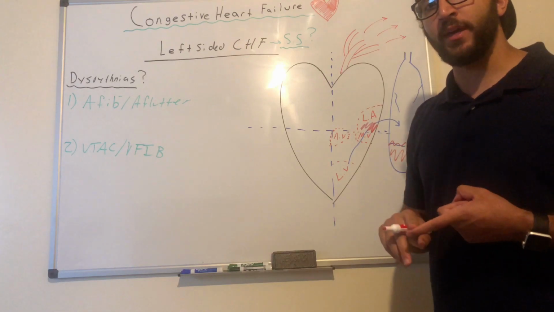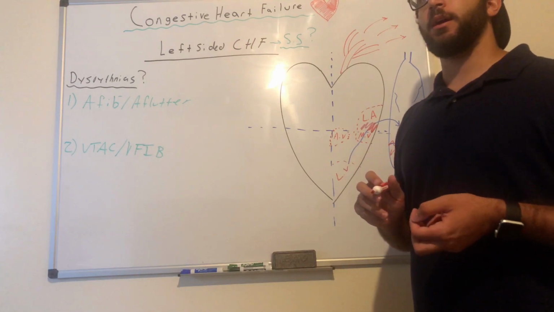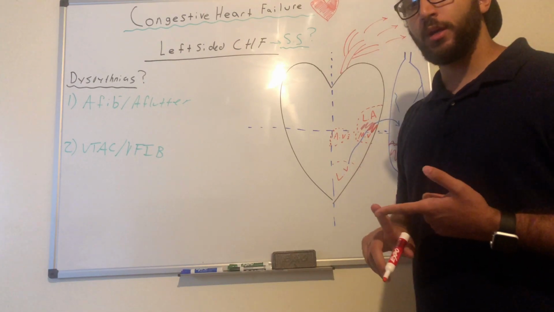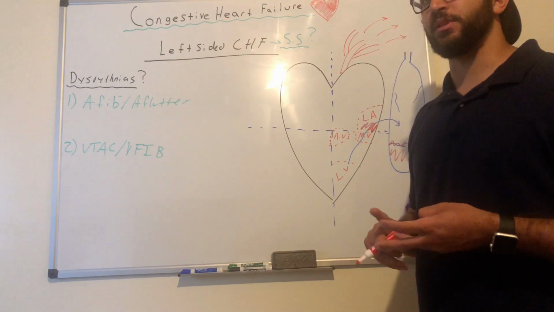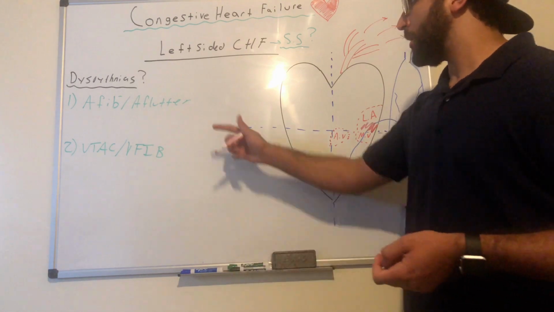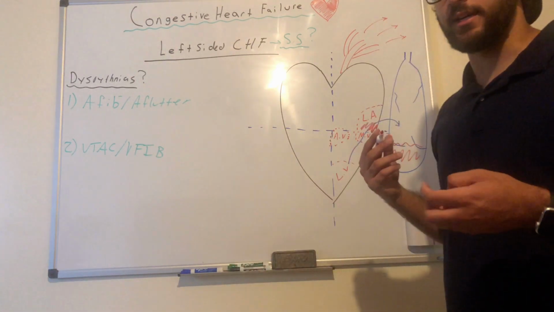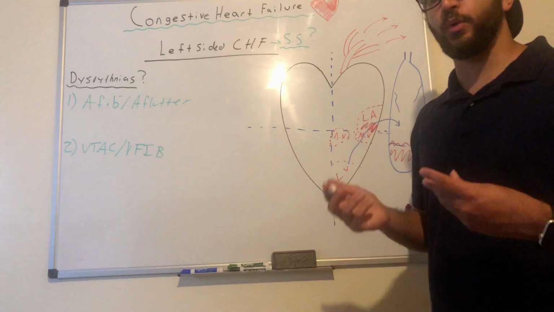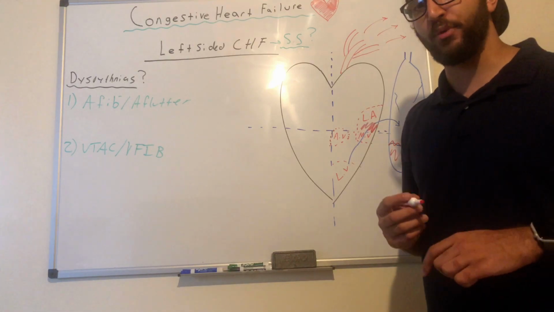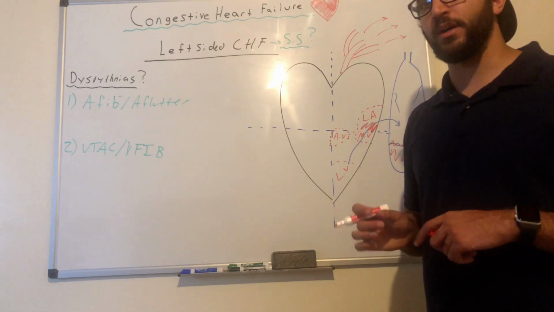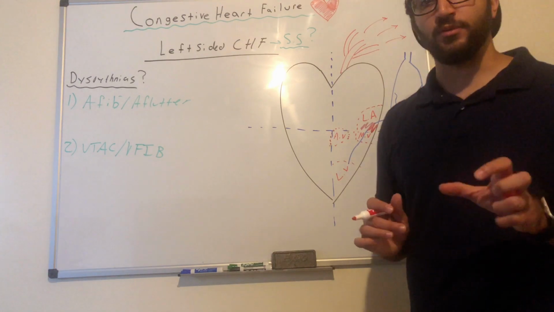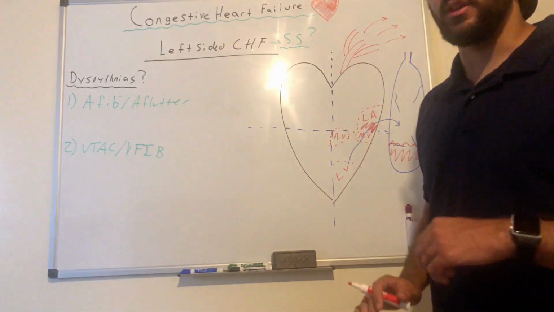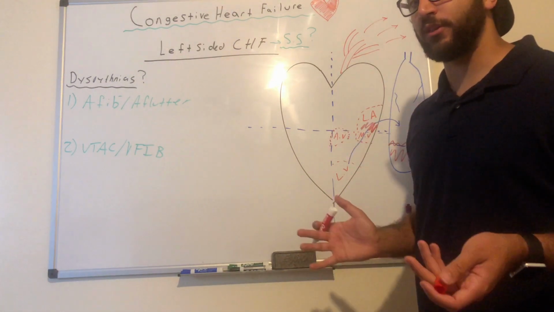We need to control the rate by using a Cardizem drip or possibly digoxin or beta blockers. For anticoagulants, we want to place them on a heparin drip, but it's important to make sure to know their heparin levels as well.